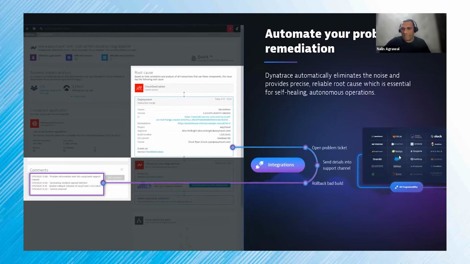For this, a problem ticket was created in the ticket tool. Then someone started to work on that problem, and the action was taken to roll back the build. The rollback action was taken with the data from Dynatrace, and then the ticket was updated. At the same time, the Dynatrace problem card was also updated.